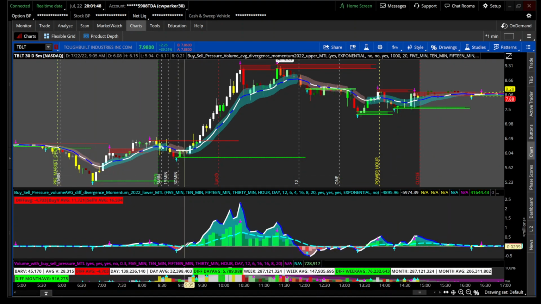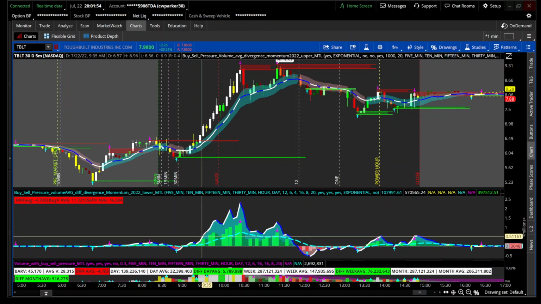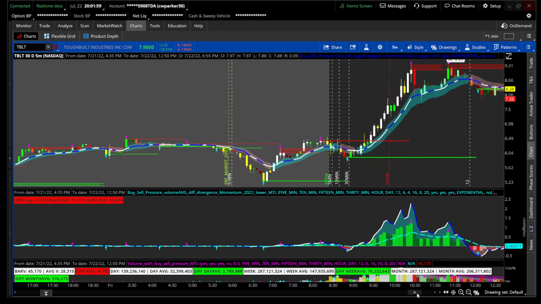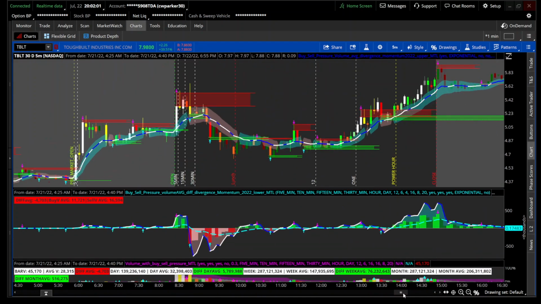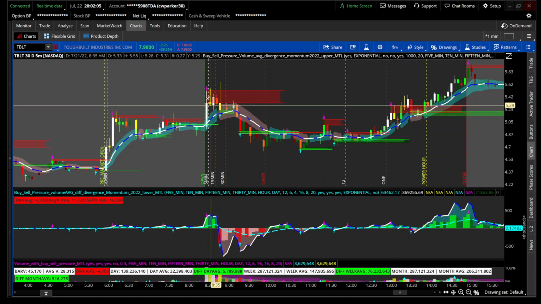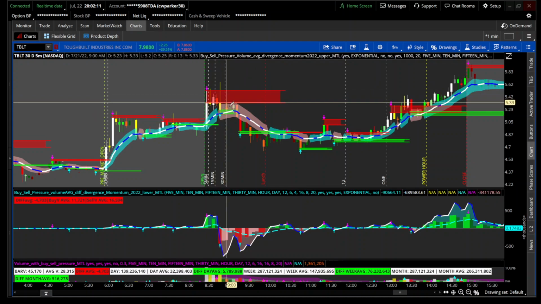You can see how the indicator showed the same thing as well, and how it reacted to it. You can see the same thing right here. You had an immediate push up for the day, and you got a selling divergence right here, and you got a push down.